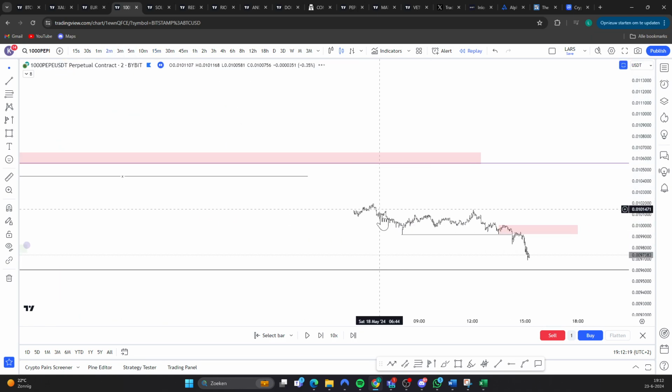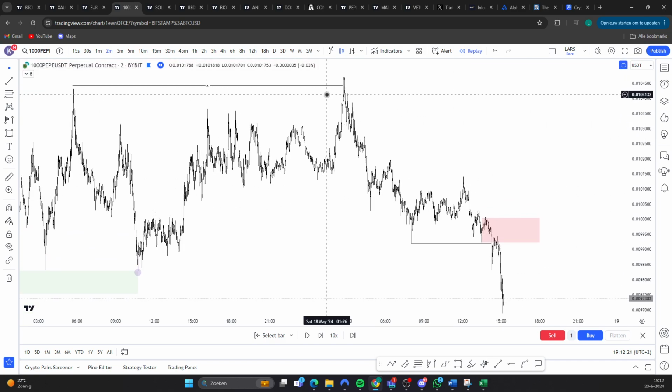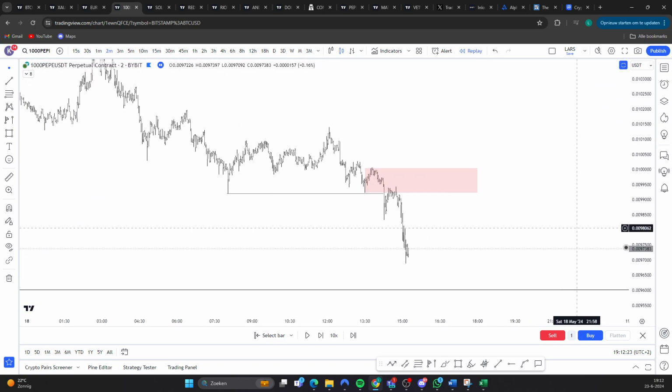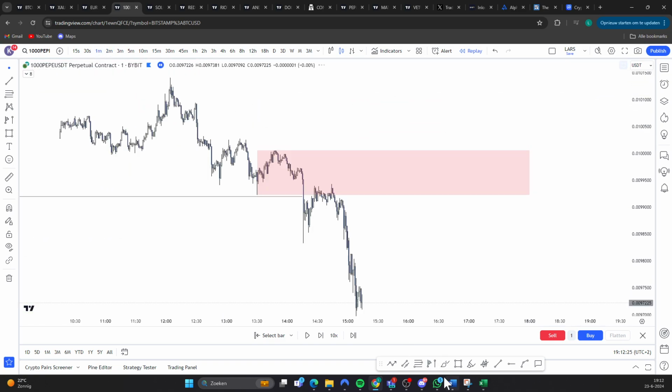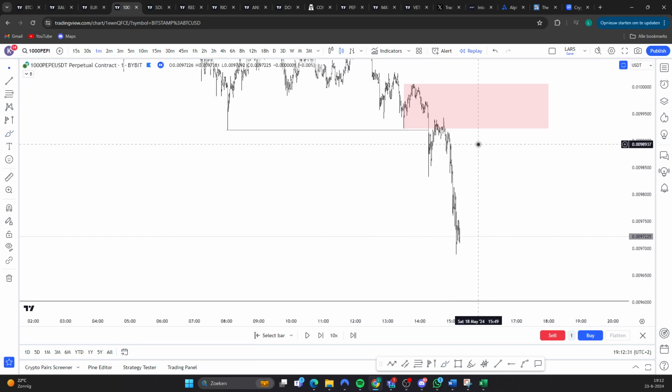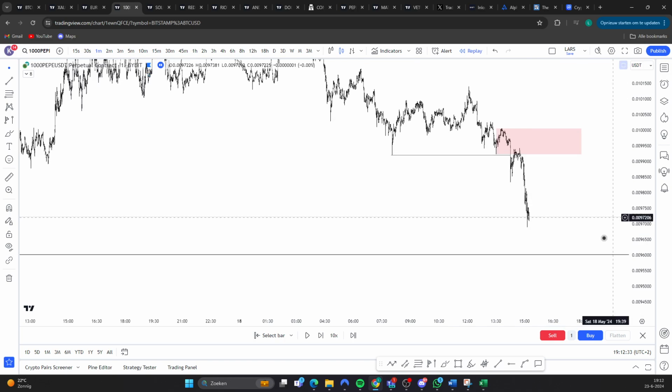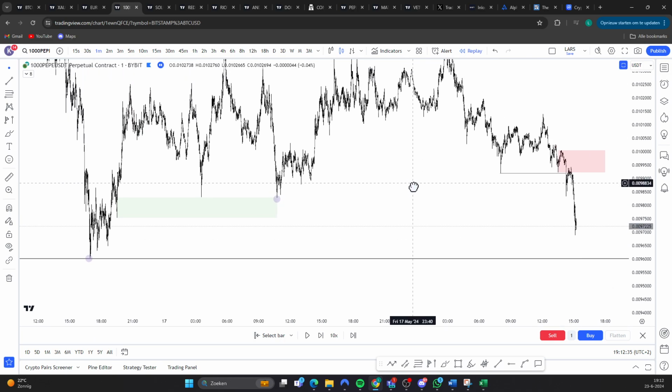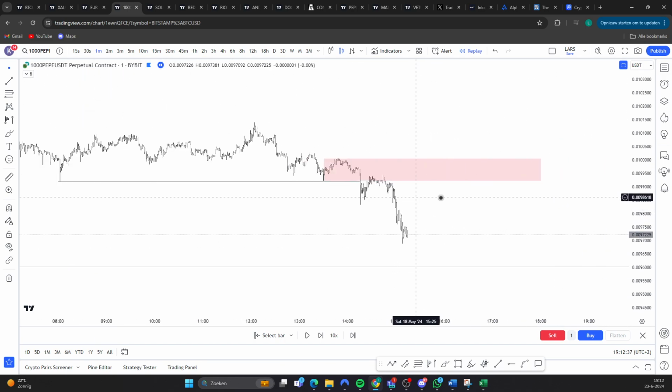That weekend did its thing. You had a little market structure trade right here, maybe you could have taken it, but it's just a market structure continuation, not really backed by any form of Wyckoff whatsoever.